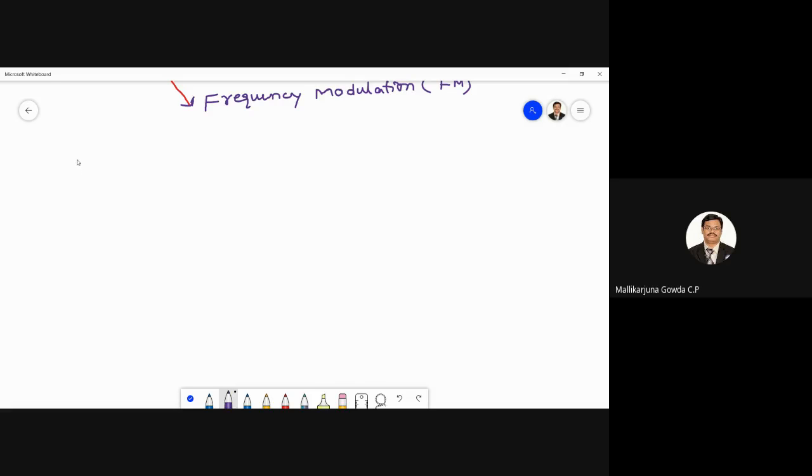So let us say the first one is phase modulation.